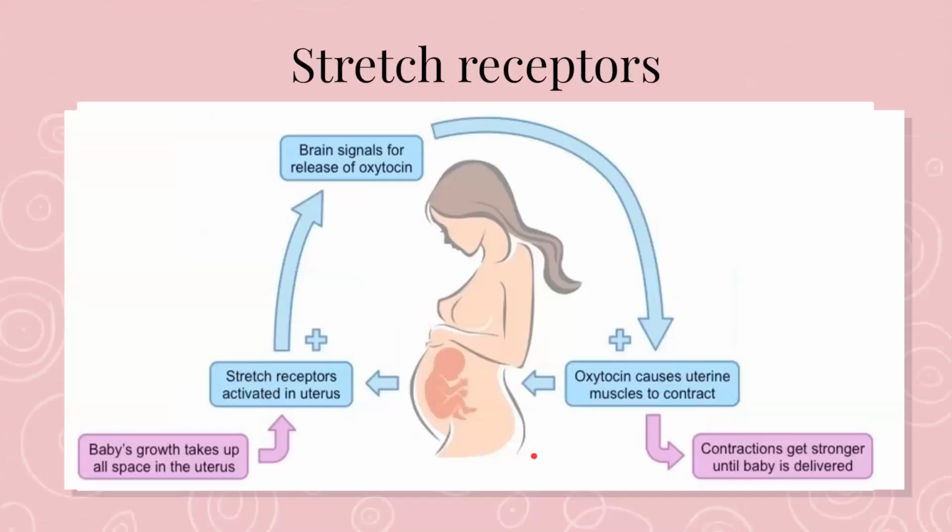And so it's really that squeeze or the force on the cervix that starts this positive feedback mechanism. But then you also have the role of prostaglandins, and then to some degree estrogen. And so just another positive feedback mechanism.